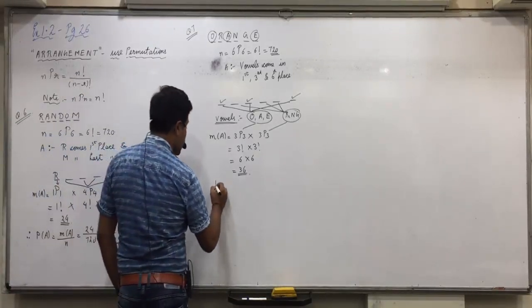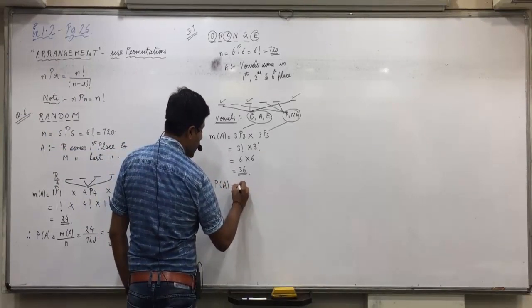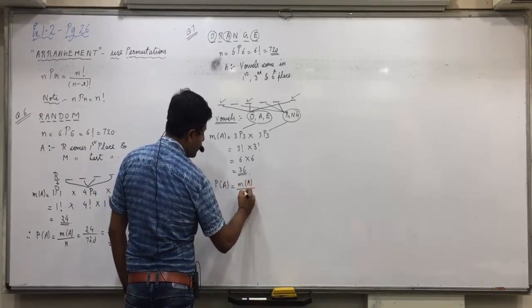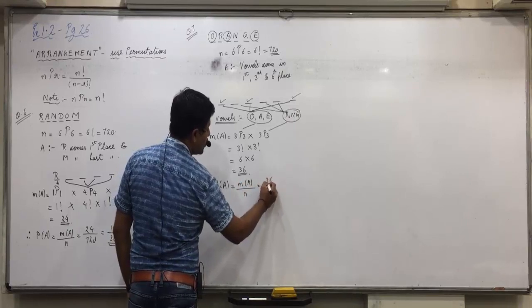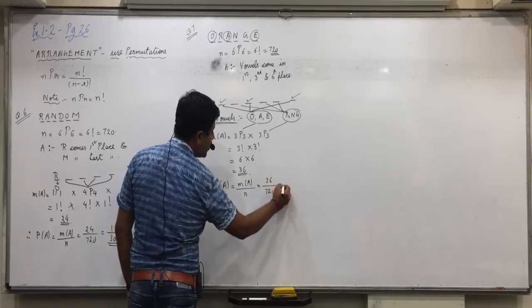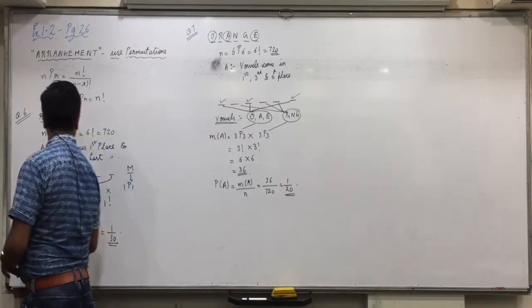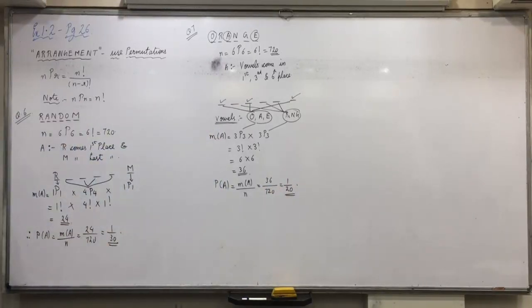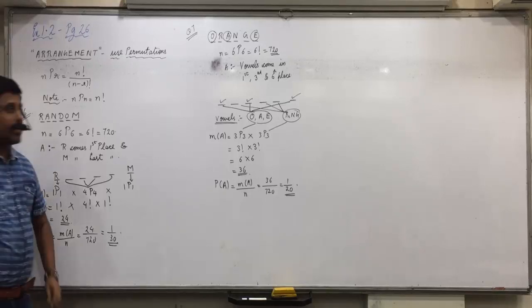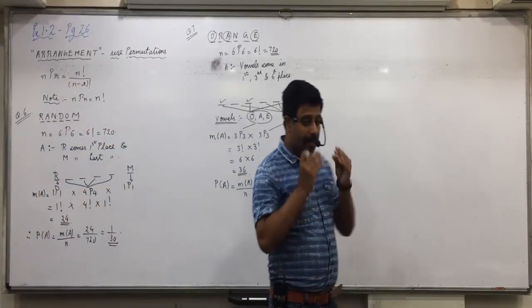So P(A) will be equal to m(A) upon n, 36 by 720. 36 into 2 is 72, so 1 by 20. All are clear with this?